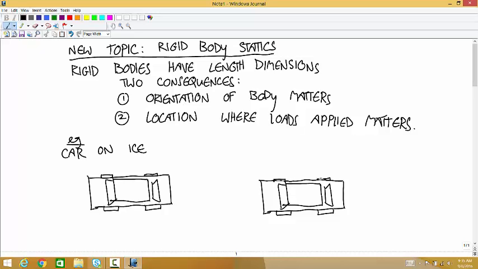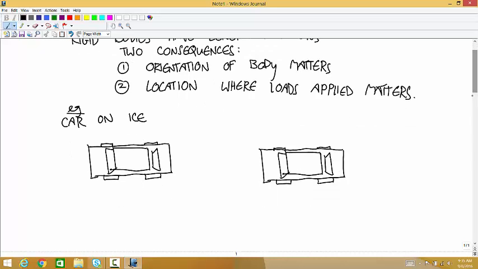The ice is so there's no friction or low friction. And let's say 50,000 Newton forces are applied to each of these cars. On this one, it's applied here. And on this one, it's applied here.